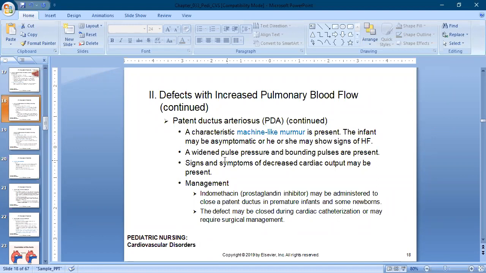We can get widening pulse pressure, also bounding pulse. The signs and symptoms of decreased cardiac output are present. And management or treatment is indomethacin or occlusion, closing during cardiac catheterization with coils.